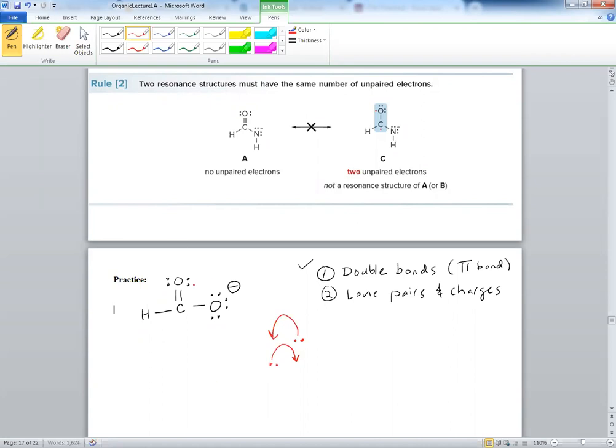So watch what I'm going to do. I'm taking, let's say, this lone pair. Now this lone pair is going to be between this carbon and the oxygen, but we know lone pairs only belong to an atom, so they would form a bond. Now let's see what happens if we leave it like this.